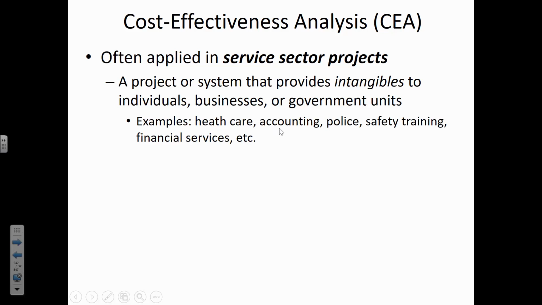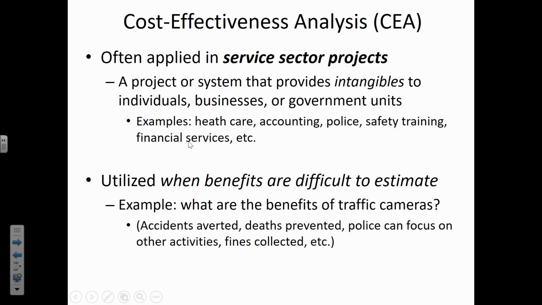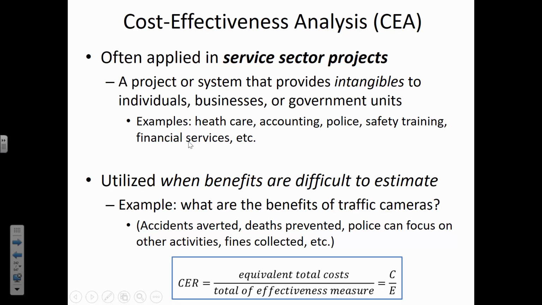So healthcare, accounting, police, financial services, safety, these are all different service sector topics that don't generate a thing. So we use it for service sector, and we use it when benefits are difficult to quantify, the dollar value of things. And so we have to have some other measure of effectiveness other than the ratio of benefits to the ratio of costs.